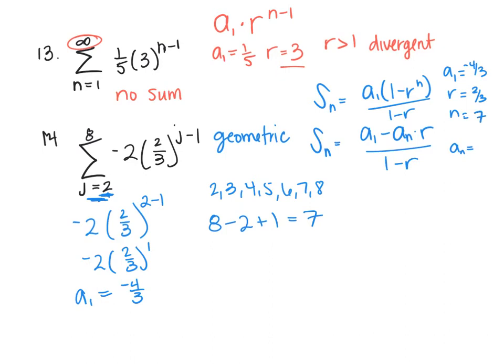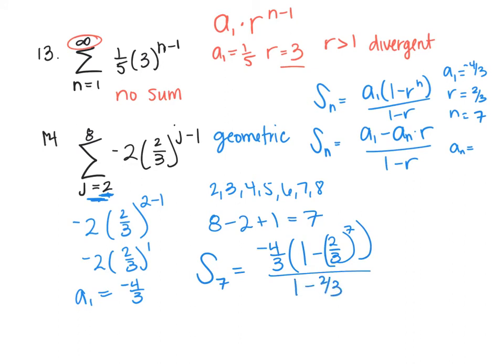So actually it's probably easier to use the first formula, because then I don't have to calculate what an is. So the sum of 7 terms is a1, negative 4/3, times 1 minus r, which is 2/3 to the 7th power, over 1 minus 2/3.